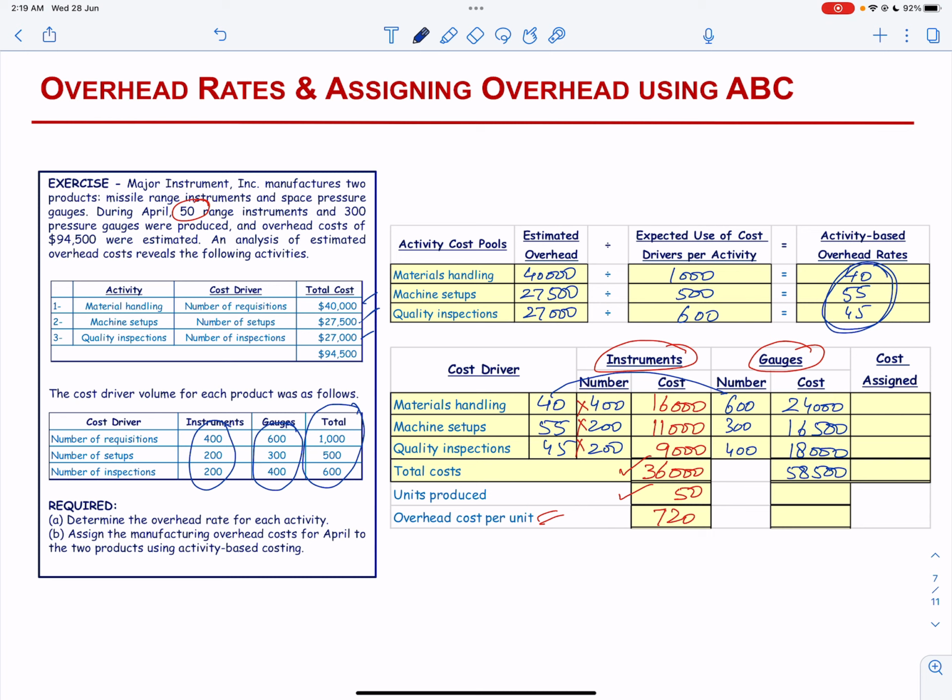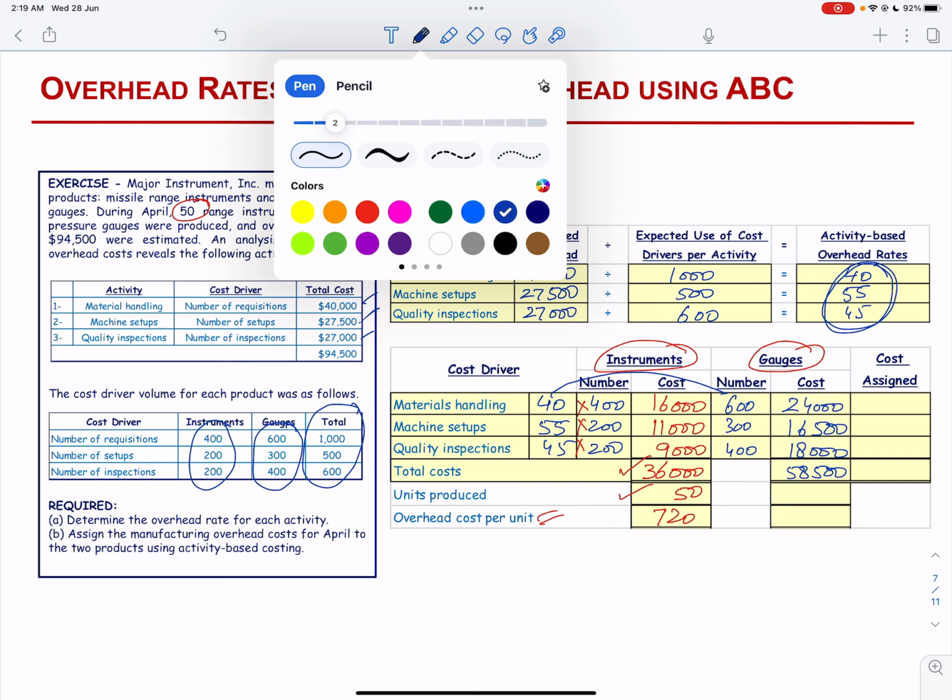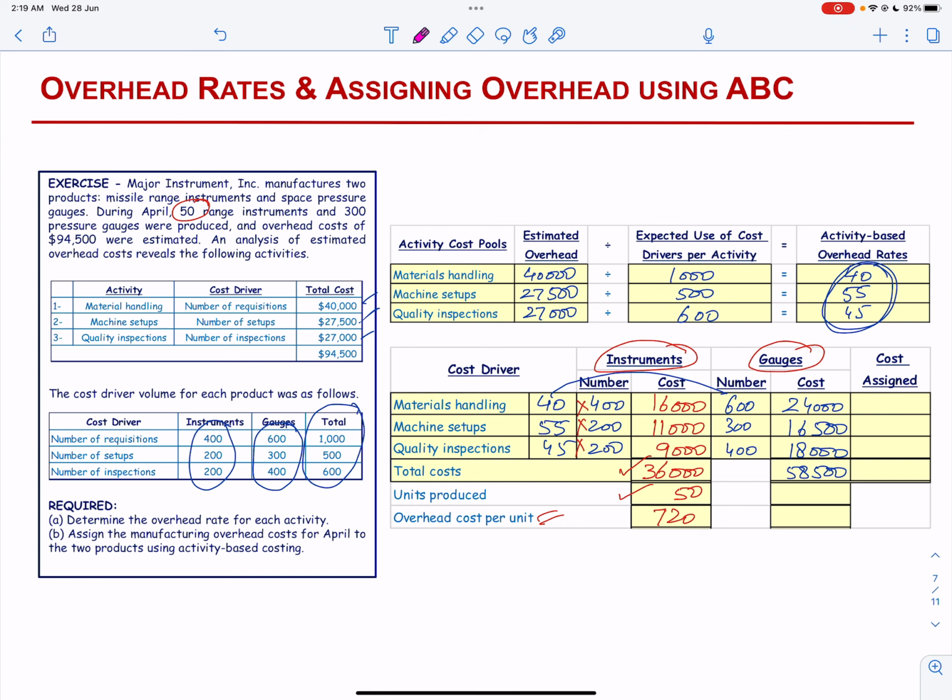And the total cost assigned will be the total of the cost of instruments and the cost of gauges. 16,000 plus 24,000 is 40,000. 11,000 plus 16,500 is 27,500. 9,000 plus 18,000 is 27,000, and the total will be 94,500.